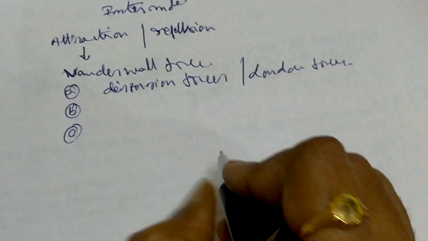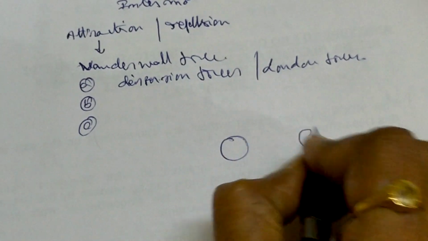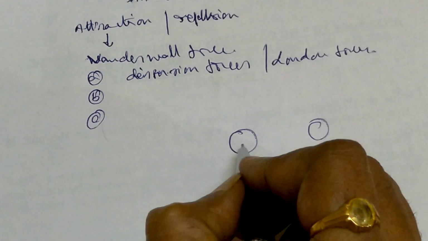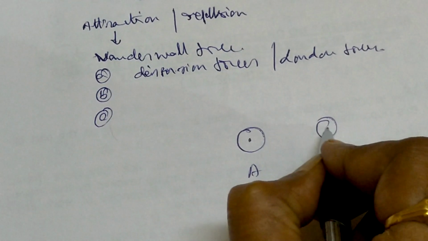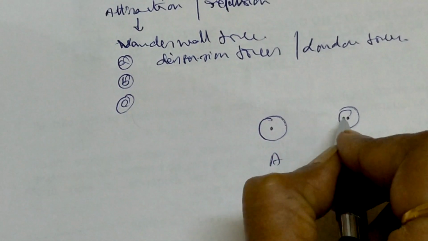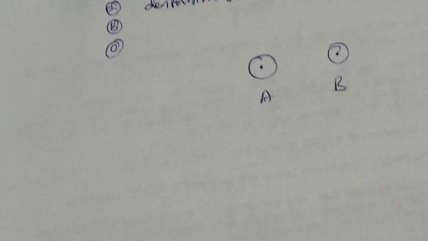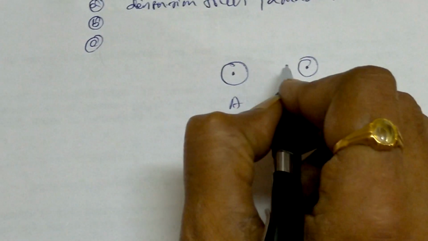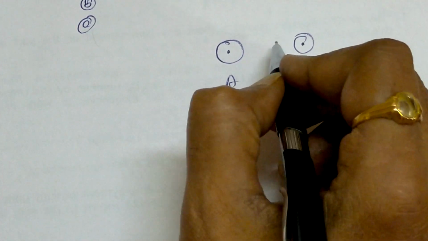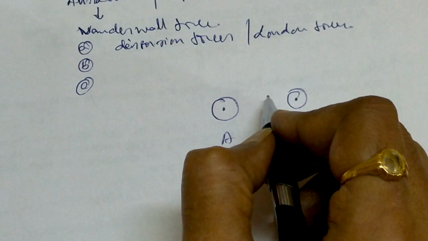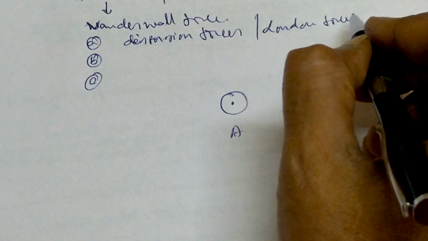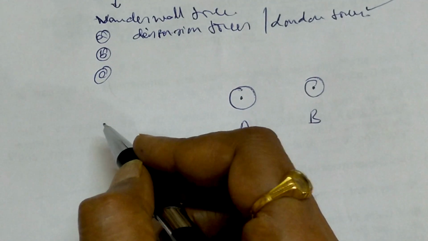That means when two atoms are there and both are non-polar, but when they come closer together, electron density shifts, and a dipole moment is induced momentarily, very big forces. So because of that there is an attraction. That is called the first type, dispersion or London forces.